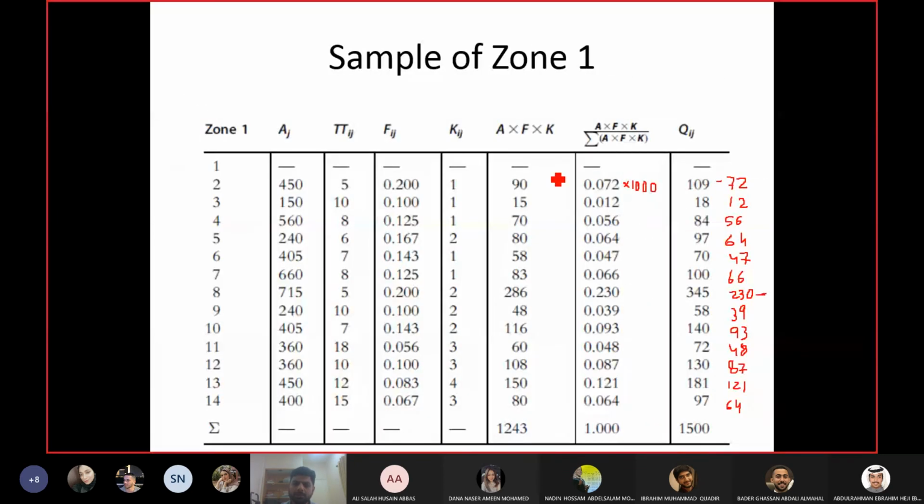So this number should be the number of trips produced from zone 1. I still don't know why they took 1500, because the number of trips produced from zone 1 is 750.